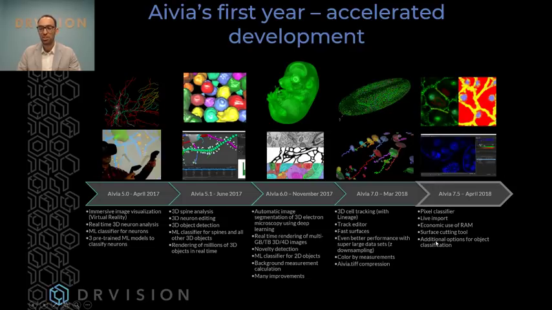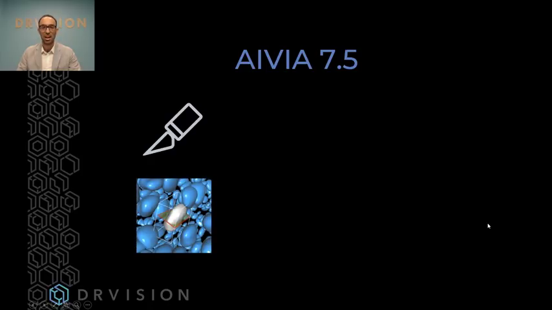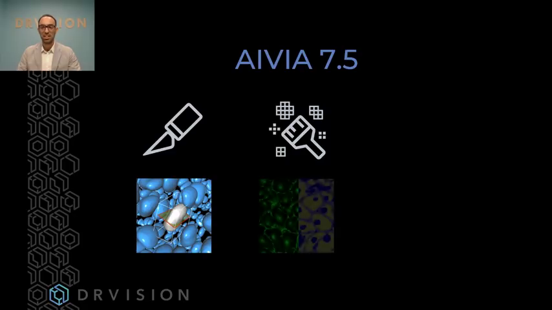We have a few other features, part of 7.5. You can see them here, and I recommend that you read them in detail in the release notes and on our website. Today we'll primarily talk about 3 of them. They are the mesh cutting tool, which has 2 modes, and I'll talk about that at the end. We'll talk about the pixel classifier, which I've mentioned already.